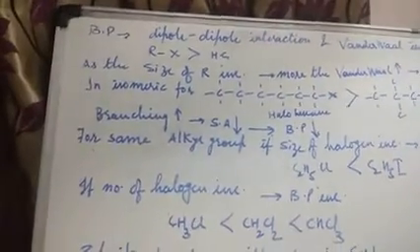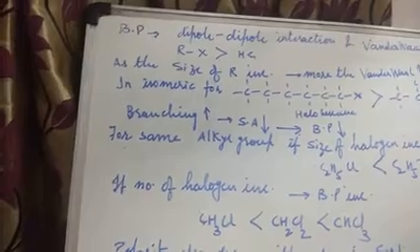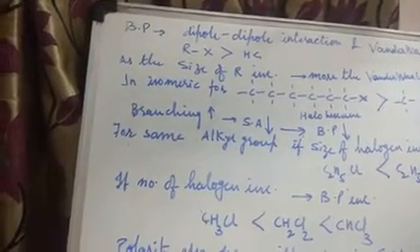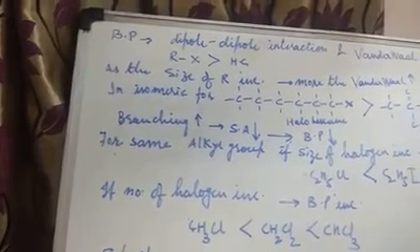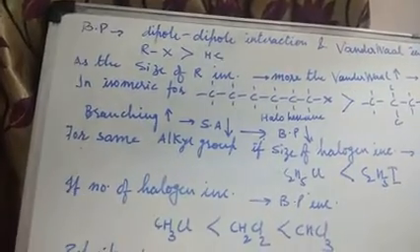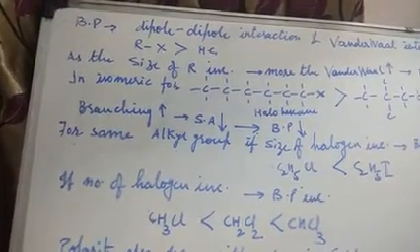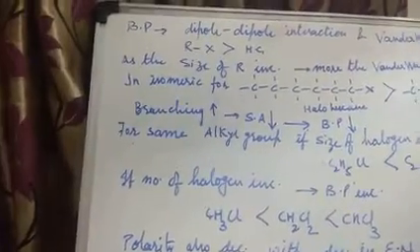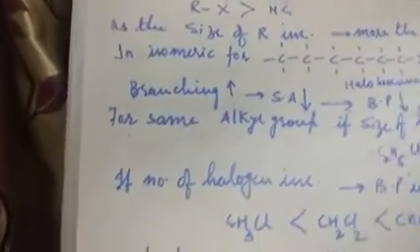I will tell you the reason why this fluoroalkane has lesser polarity, and why this CH3Cl has maximum polarity. So mainly, polarity decreases with decrease in electronegativity.